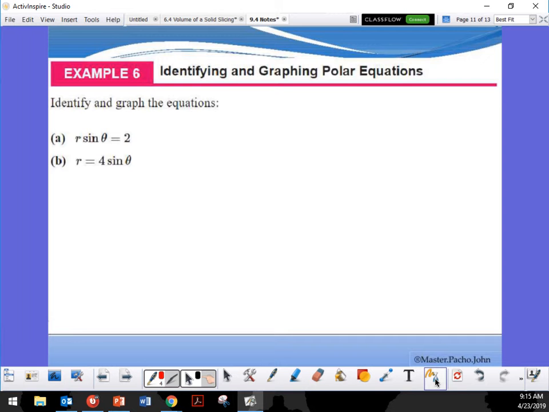So don't I know that basically I have sine squared theta plus cosine squared theta is equal to, r squared, right? Yeah. We did this a while ago, right? I think it was at the beginning of 9 somewhere.